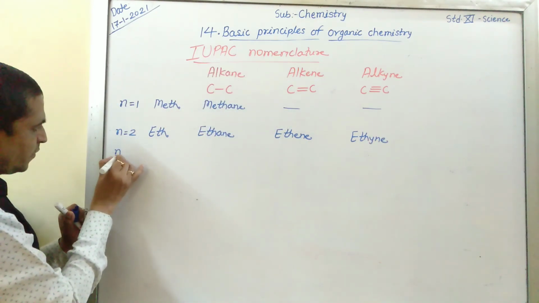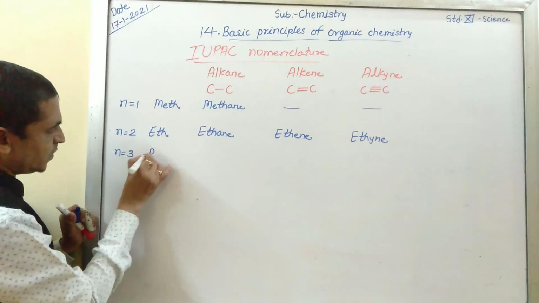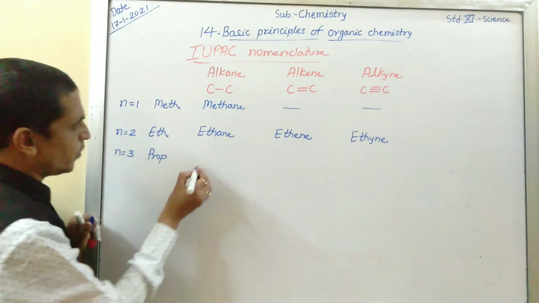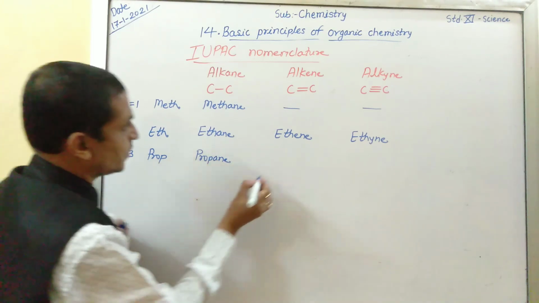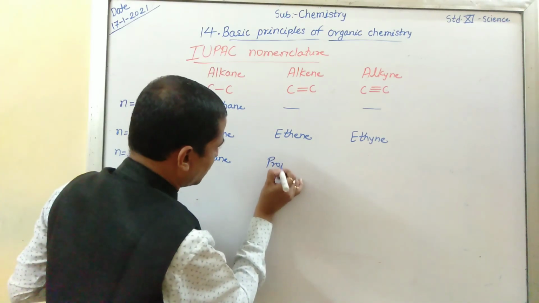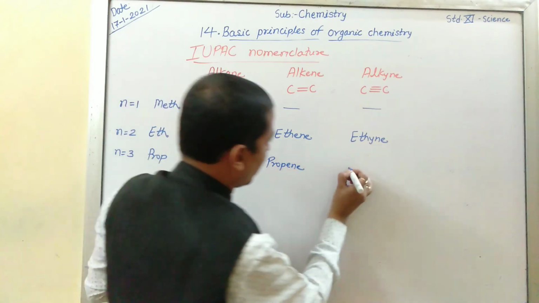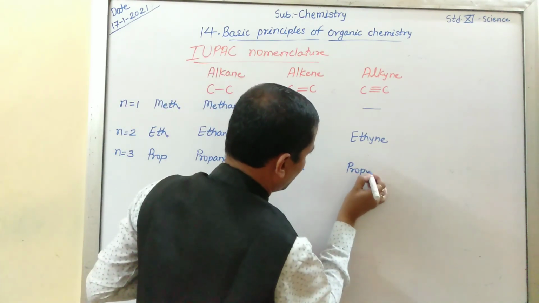Similarly, if n is equal to 3, then it is prop. Prop means here you get propane, propene, and propyne.